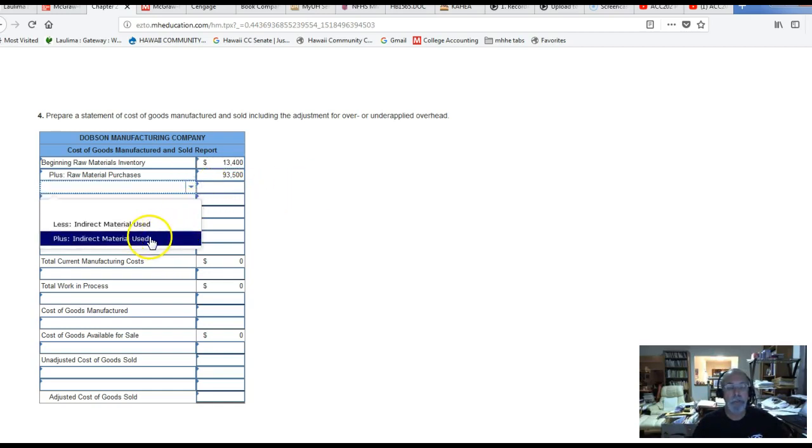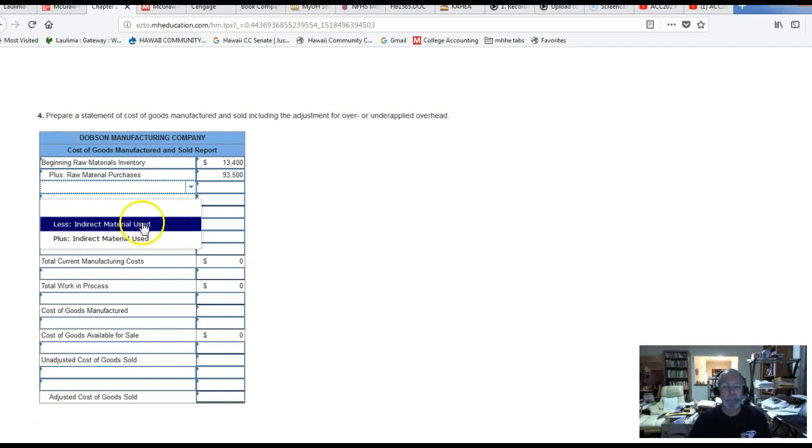And on the next line, we need to show that included in our raw material purchases are indirect materials that are actually included in manufacturing overhead.